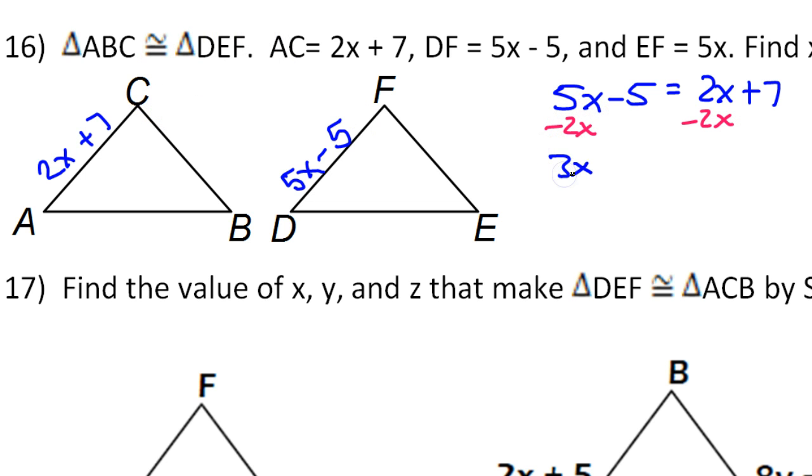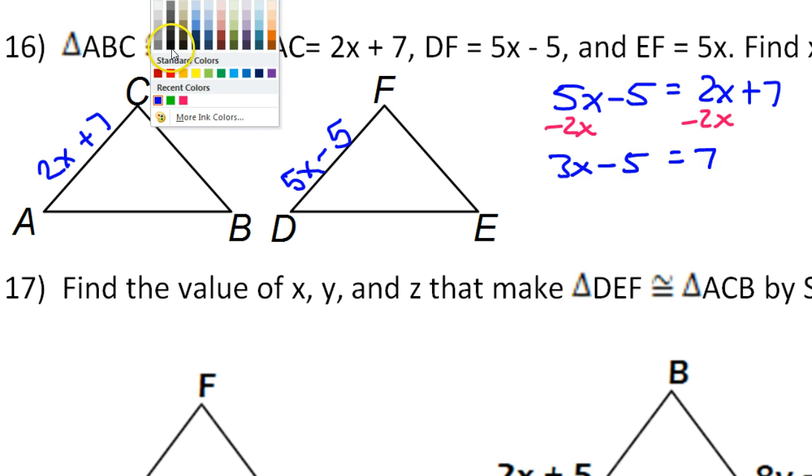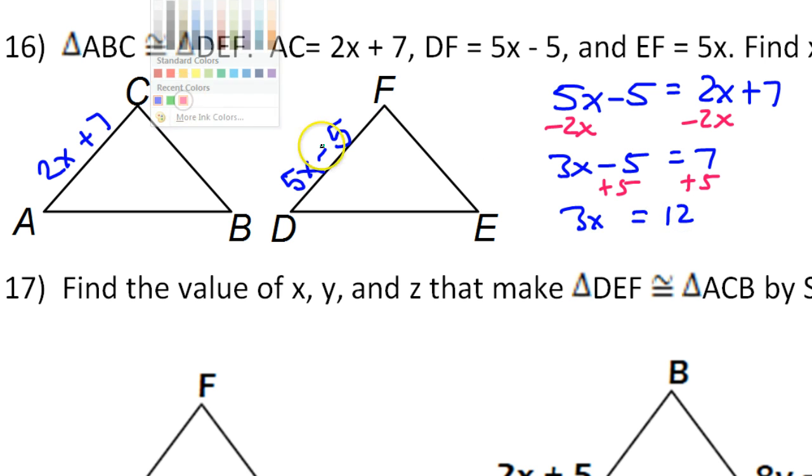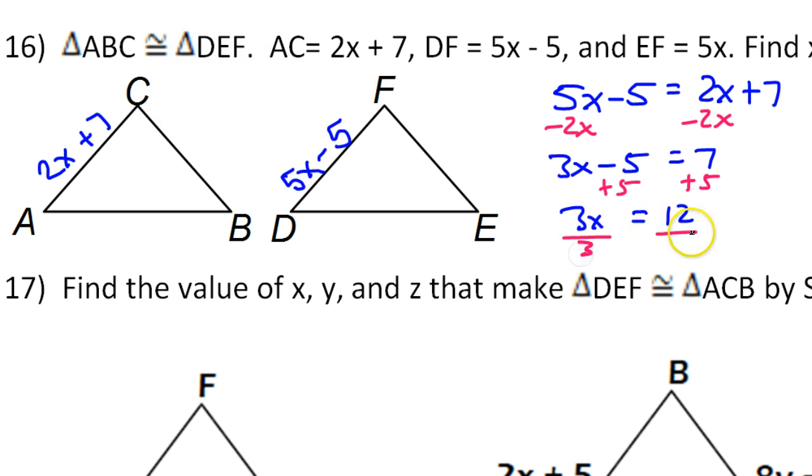That's going to give us 3x minus 5 is equal to 7. If we then add 5 to both sides, that'll give us 3x is equal to 12. Divide by 3. And we know now x is equal to 4.